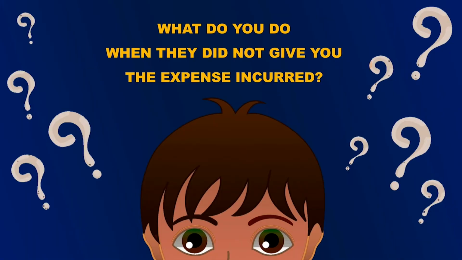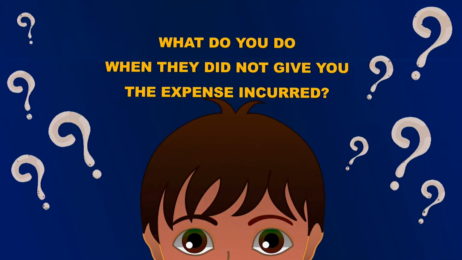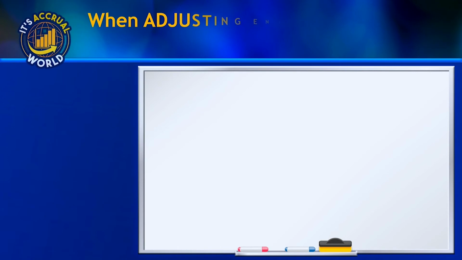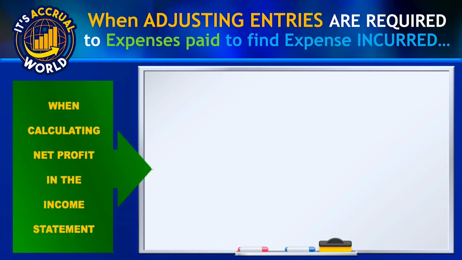However, what if they did not tell you what is the expense incurred? That means you now have to find out what is the amount that goes into the income statement, which is basically what they do most of the time. They don't tell you straight out what is the amount that goes into the income statement. You have to find out what it is. So this is what is required whenever you have an accrual or prepayment to calculate what goes into the income statement, or to find out what is the expense incurred.